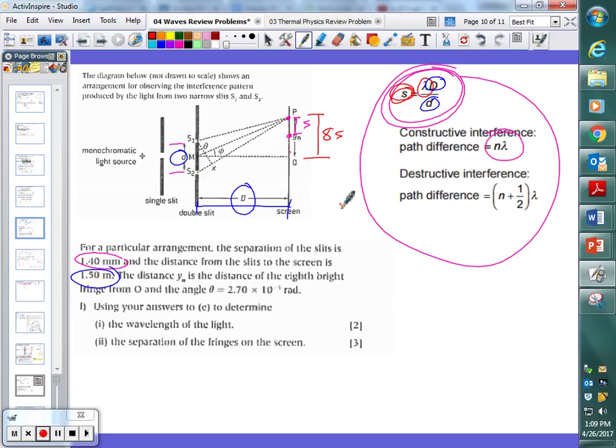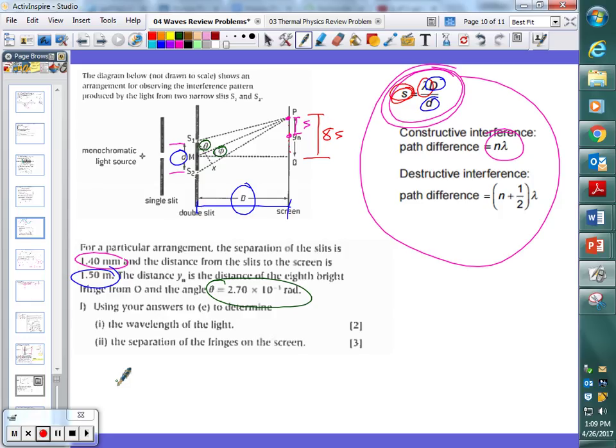But they did give us the angle theta, which shows up right here, but that angle phi is also the same angle. You can show that mathematically if you don't trust me.